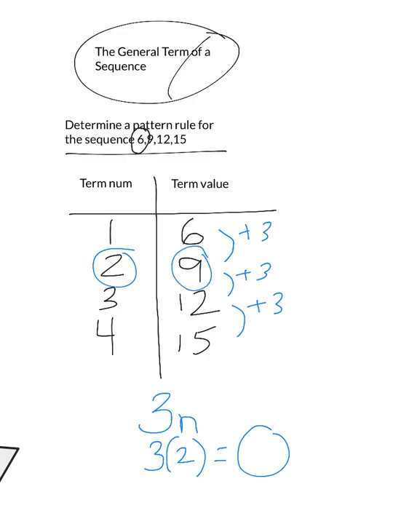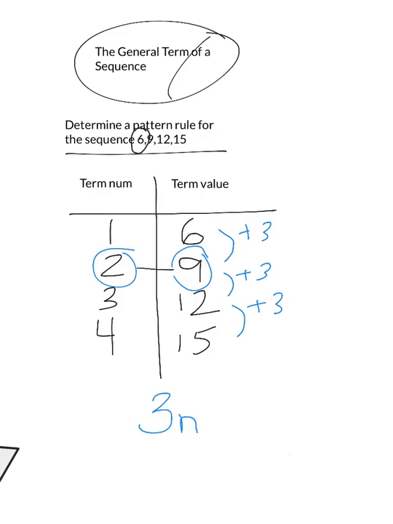So now we go, okay, that didn't work. But we know 3n is part of it. So what can we do to 3n? Can we add something? Can we multiply? Can we take away? So that 3n either added to something or subtracted is going to equal 9.